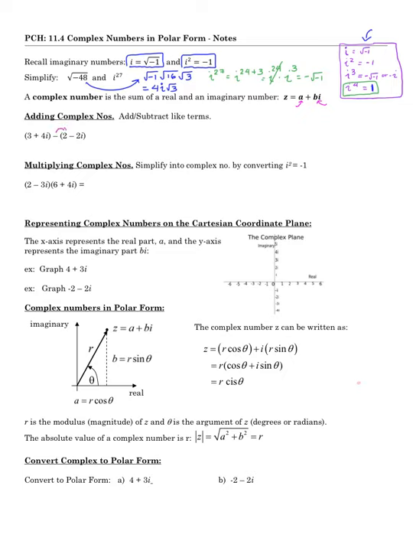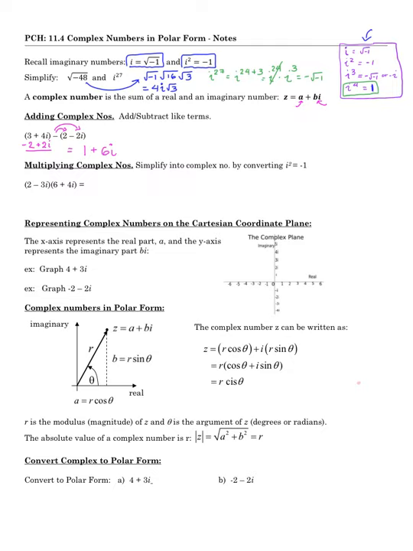What I tend to like to do is distribute my negative. So that negative is going to make this a -2 and the imaginary part a +2i. And then I just line them up and add like terms. So 3 minus 2 is 1. 4i plus 2i is 6i. And that's about as difficult as that gets.